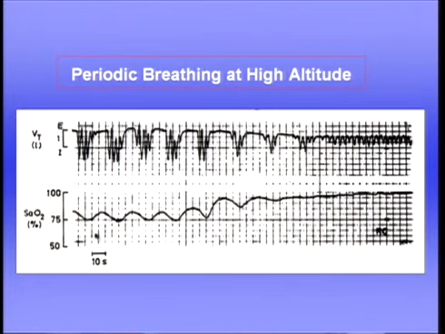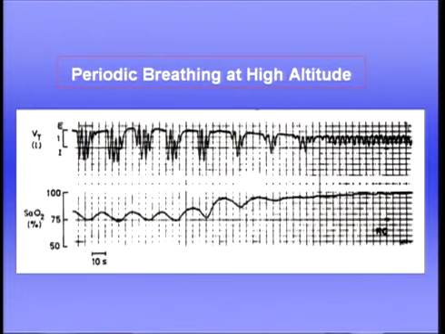You can see that in this particular tracing, someone was measuring the arterial oxygen saturation using an oximeter. That's a device that measures the color of the blood, and you can put a pulse oximeter on your finger, and you can see that the saturation is fluctuating in the same rhythm as the periodic breathing, as you would expect, so that after the apneic periods, the saturation falls.